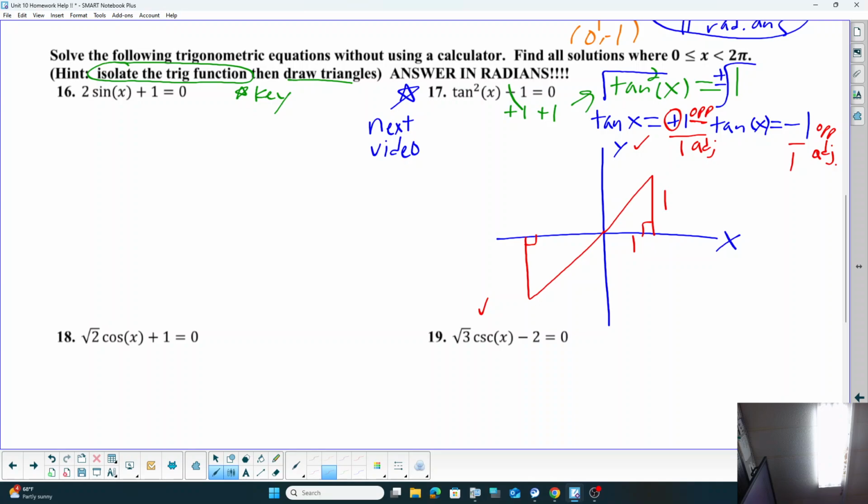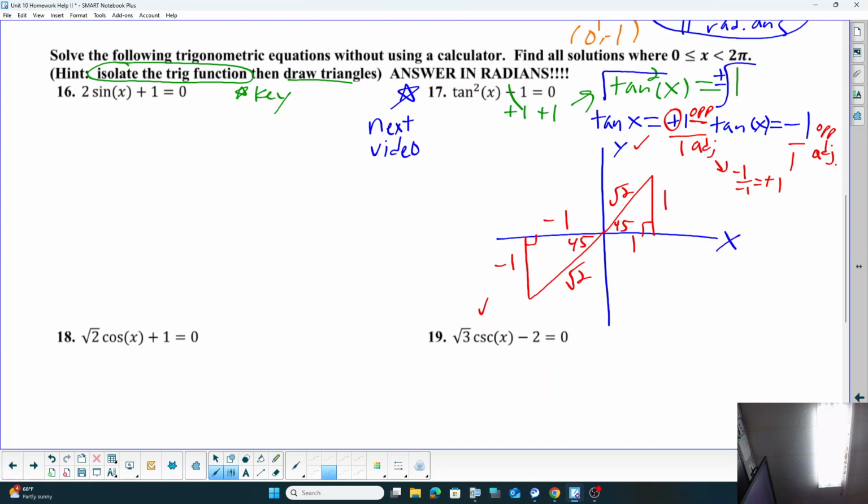And then technically this is negative 1, down 1. How is that positive? Because negative divided by negative is a positive 1. So that still works. Use the Pythagorean theorem, we get radical 2 for the hypotenuse. That means this is a 45, 45, 90 special right triangle.